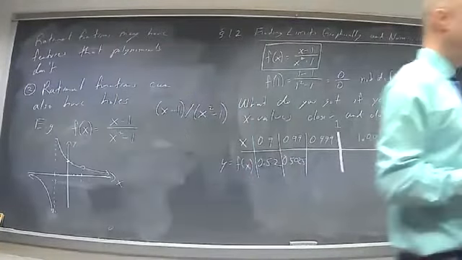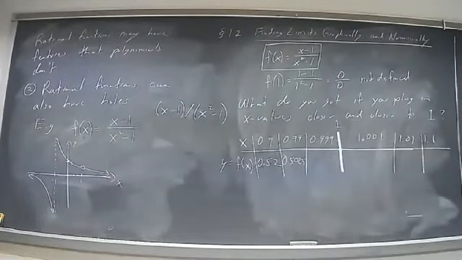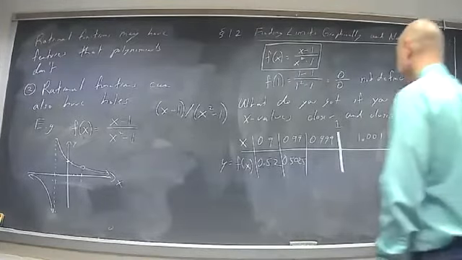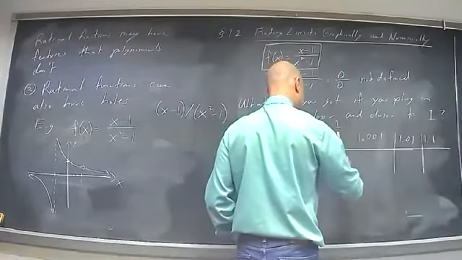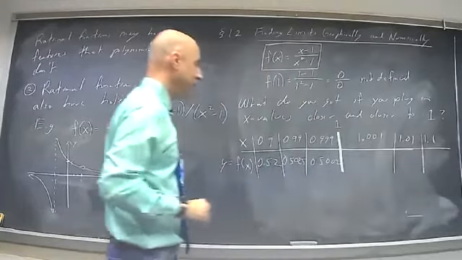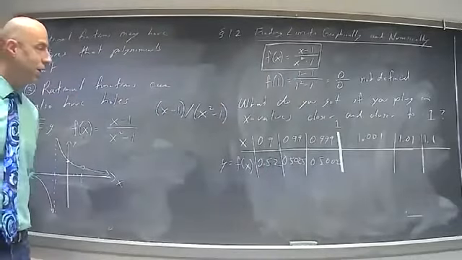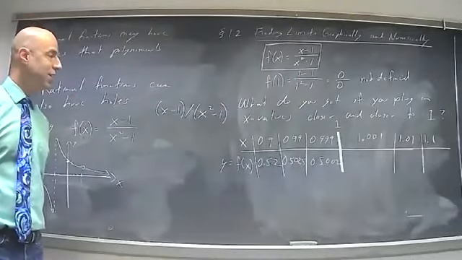Other people? For the next one, I got 0.5002. 0.5002, good. And has anybody plugged in any of the values on the right-hand side?